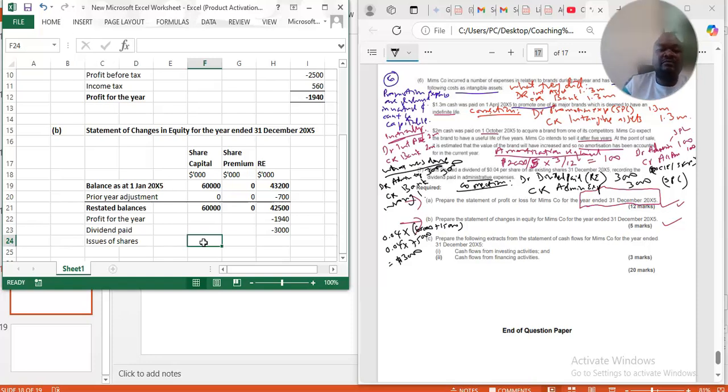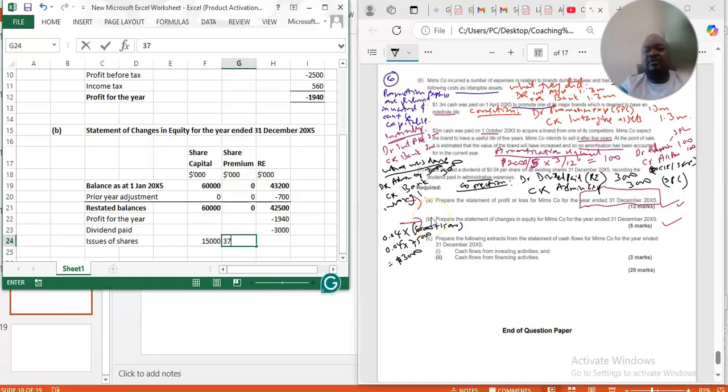Here for the share capital, we only put the nominal value of the shares which were issued, which was 15,000, and here we put the remainder, which I think was 37,000.